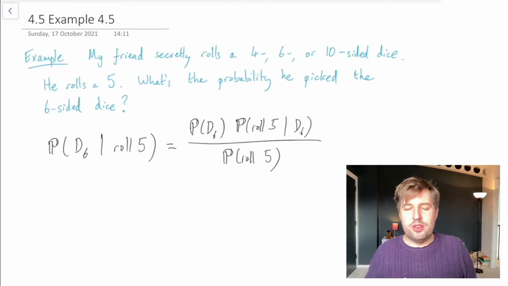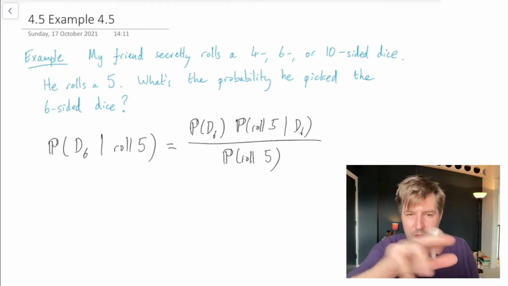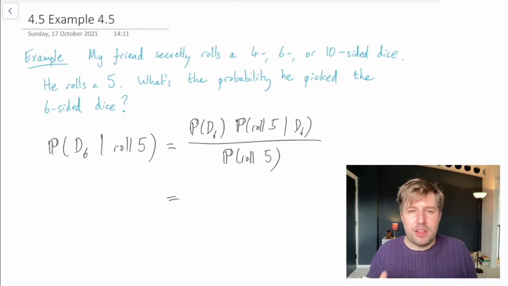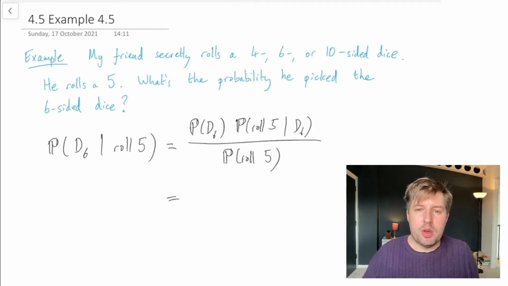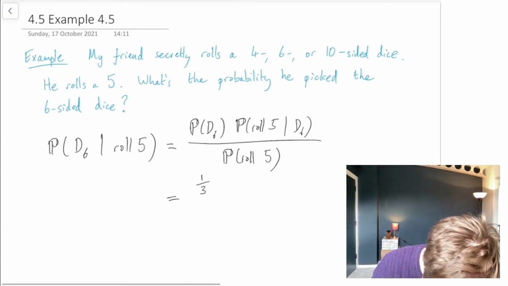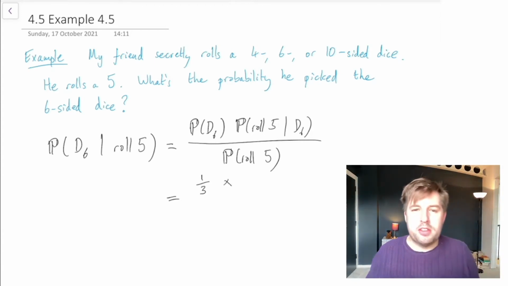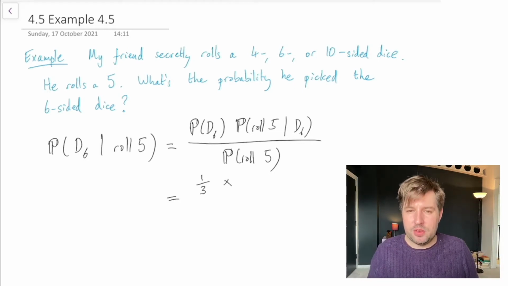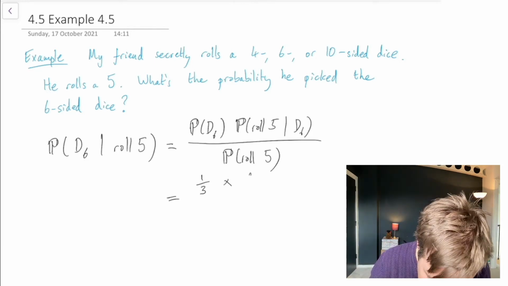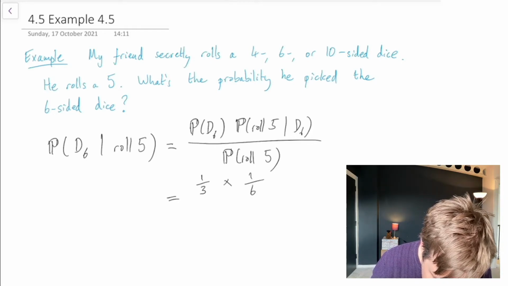And this is good news, actually, because we know what all three of the numbers in this expression are. First, probability of D6. Well, we know that all the dice are equally likely, so that's 1/3. Probability that we roll a 5, given it was the D6. So given that he chose the 6-sided dice, what's the probability he rolled a 5? Well, that's 1 in 6, right? Because there are 6 possibilities on the dice, and one of them is a 5.